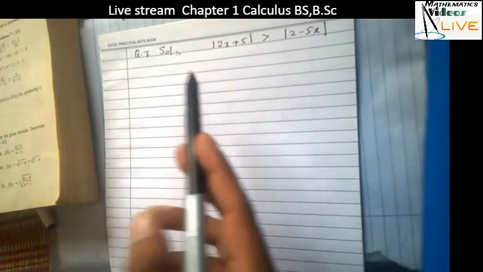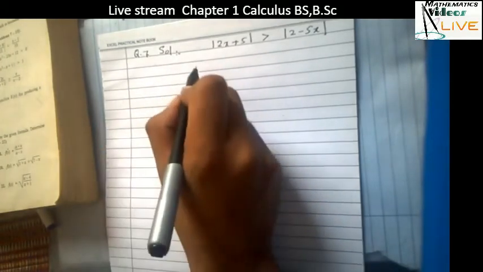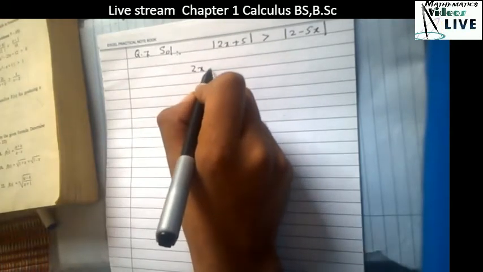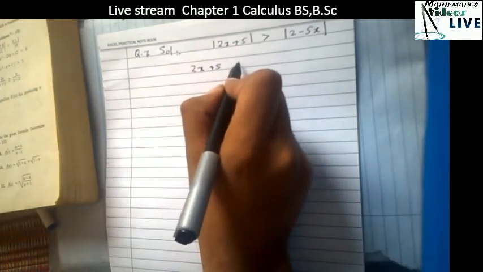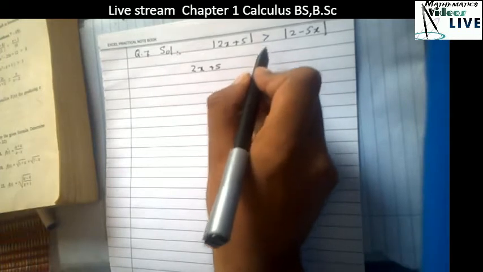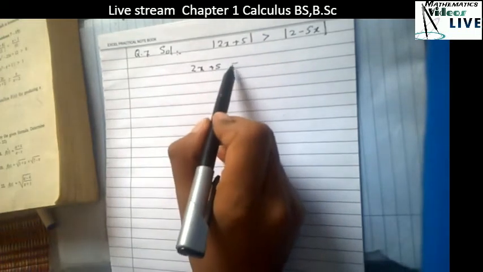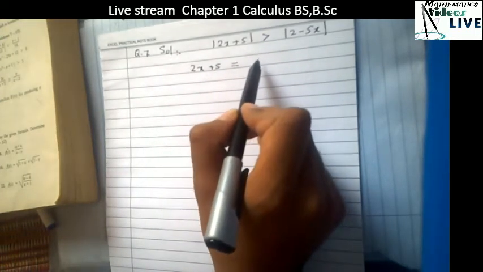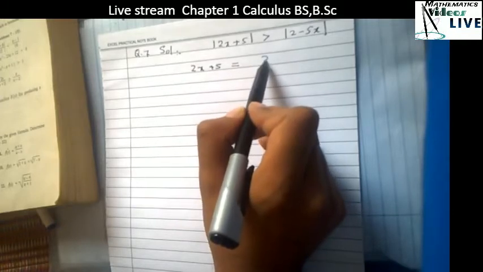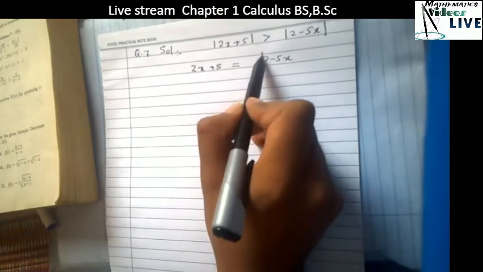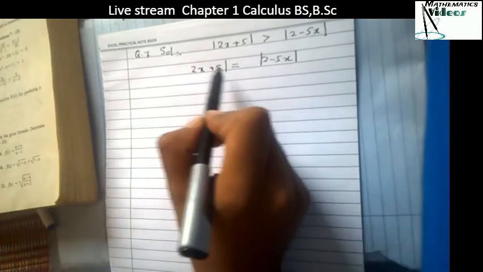Question number 7 is: absolute value of 2x plus 5 is greater than 2 minus 5x, absolute value. Well, first we have to associate an equation to this inequality.